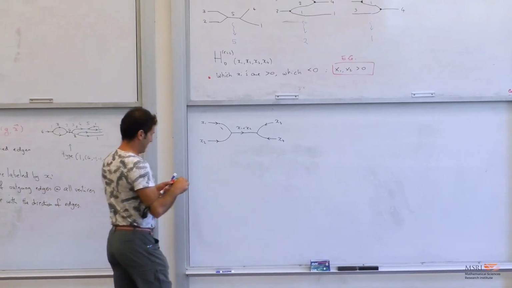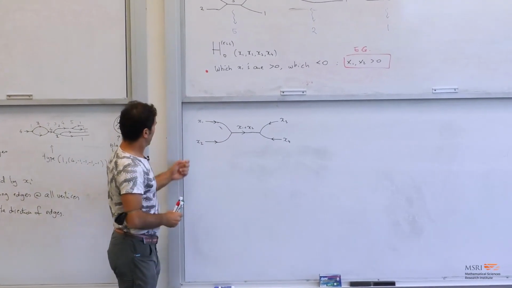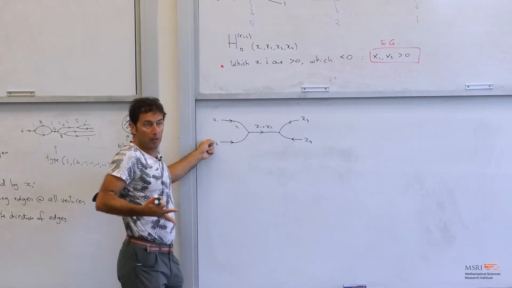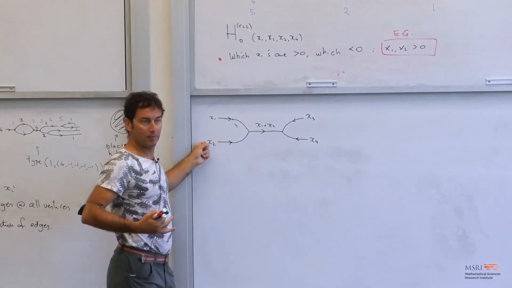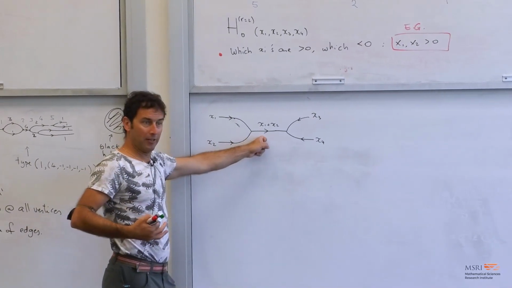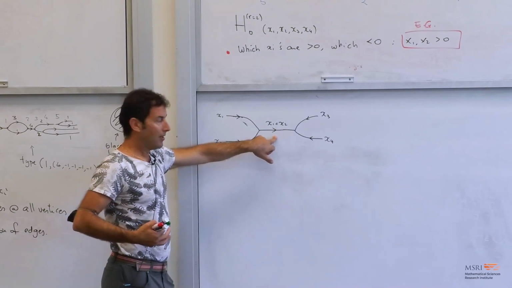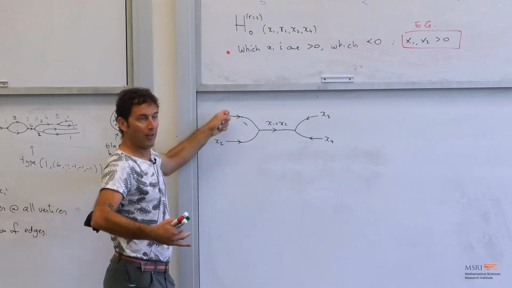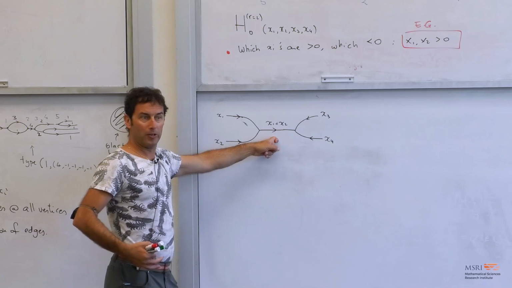And notice one thing is that we started with the ends being labeled by variables, which in particular are linear homogeneous polynomials, right? And then the balancing condition is telling me that each internal edge gets weighted by sums of edges, so sums of linear homogeneous polynomials are linear homogeneous polynomials, right?